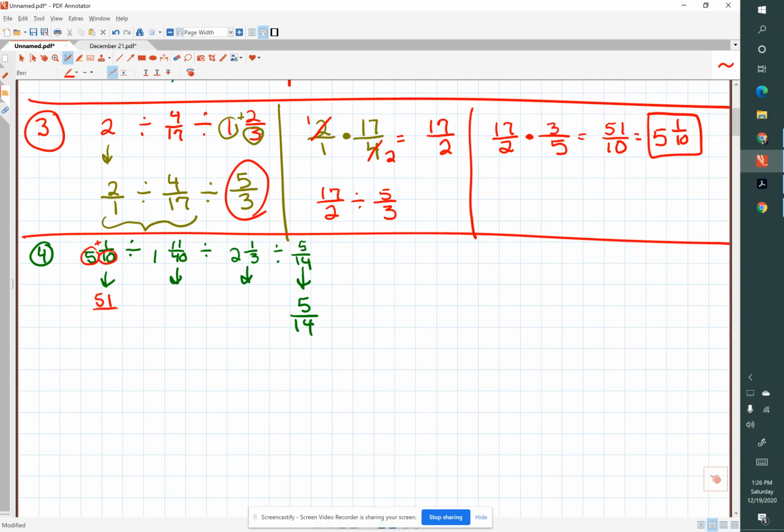That's 51/10 divided by, now we have 40ths. 40 times 1 is 40 plus 11 is 51/40 divided by, now we have thirds. 3 times 2 is 6 plus 1 is 7/3 divided by 5/14. Let's write that a little more neatly.